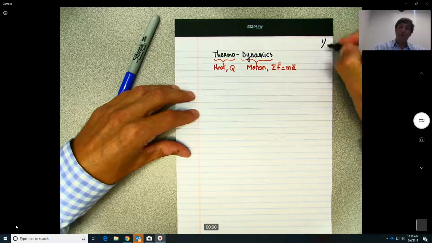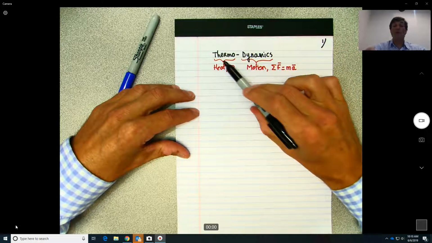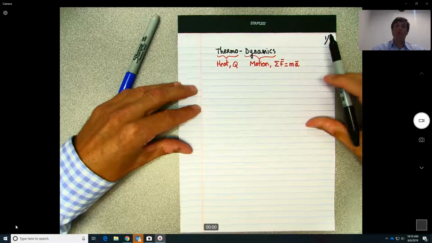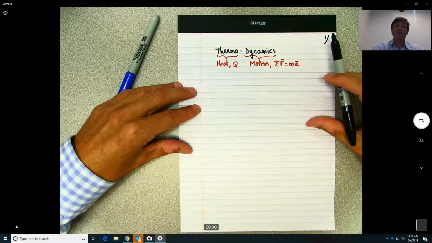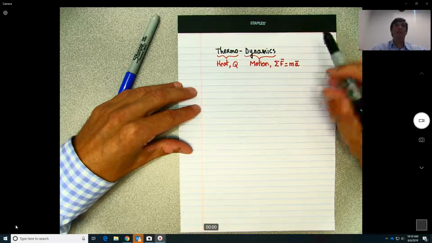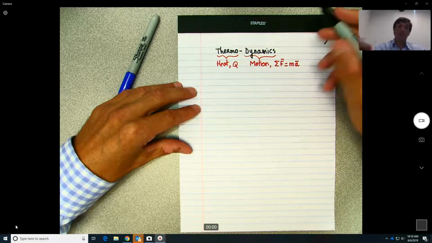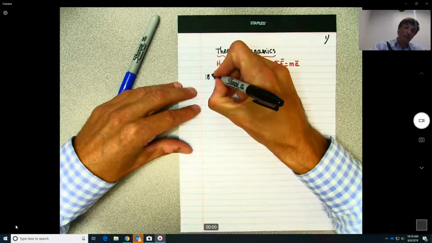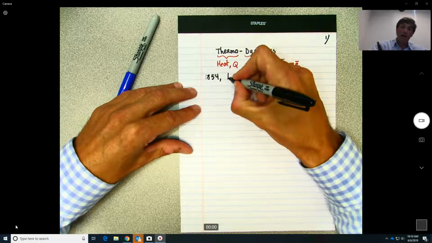All right, so first, maybe to understand that the term thermodynamics is pretty new. It wasn't really introduced until the 19th century, actually in 1854 by Lord Kelvin.